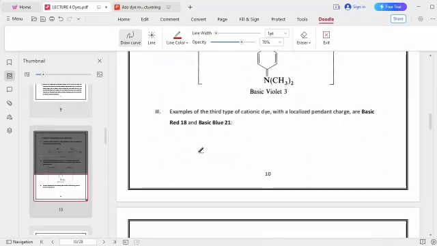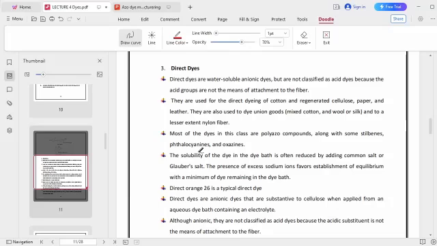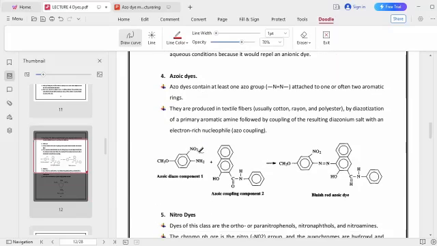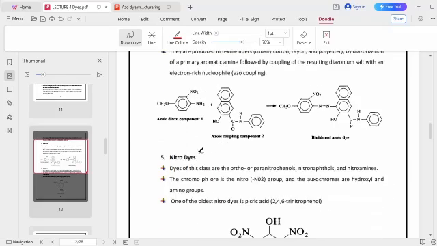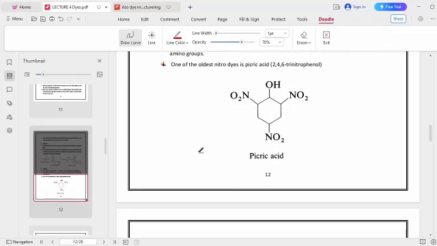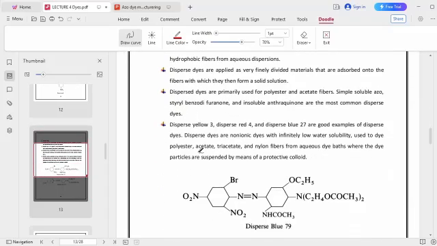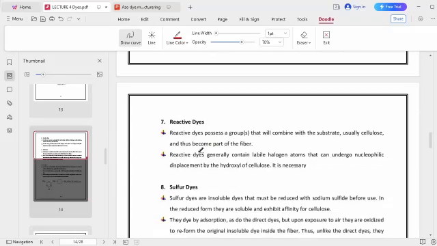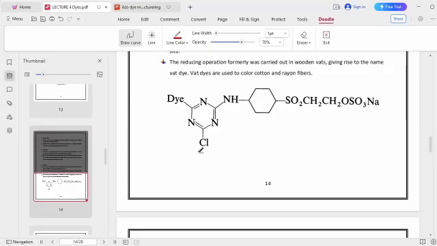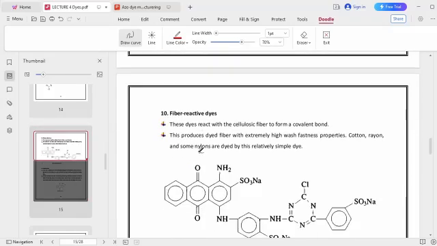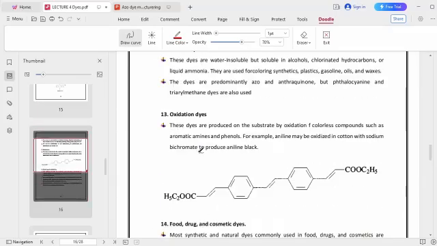We also have the direct dyes. We also have azo dyes or azoic dyes. We also have nitro dyes. We have disperse dyes, reactive dyes, sulfur dyes, VAT, and so forth, many more.